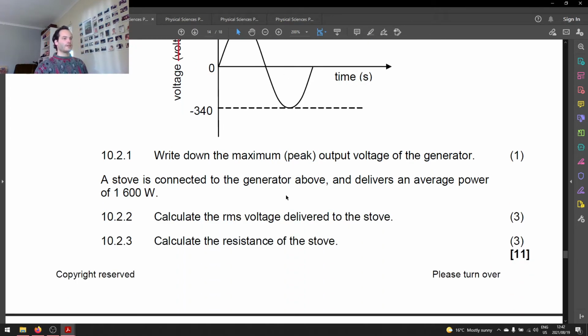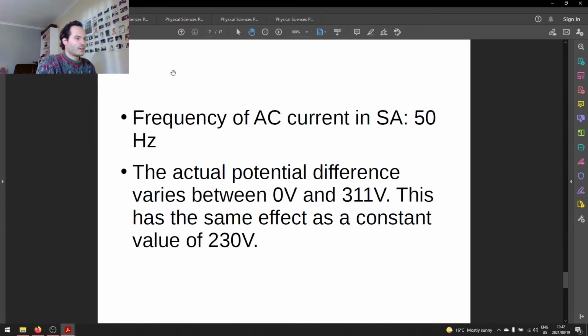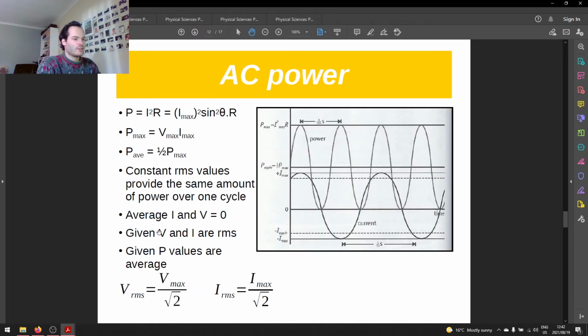Then they say a stove is connected to the generator above and delivers an average power of 1,600 watts. In 10.2.2, calculate the RMS voltage delivered to the stove. RMS voltage, how do I calculate that? I go back quickly and we see to find my VRMS, I take my Vmax divided by the square root of 2.